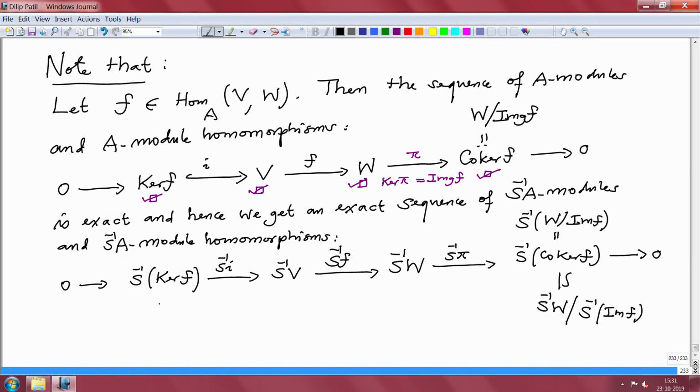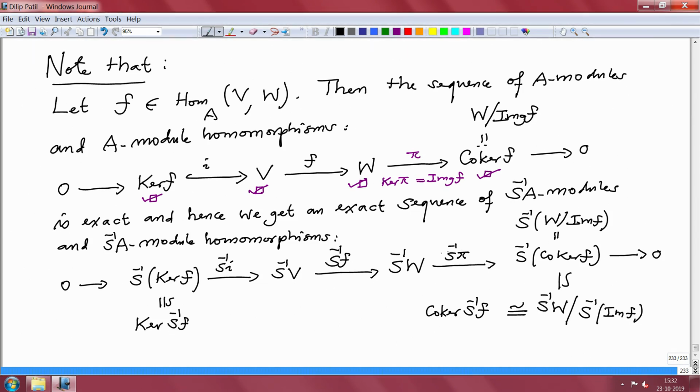This is this. Similarly, from this exactness you will know the image of this is precisely the kernel of this. So this is isomorphic to kernel of S inverse F. And similarly, because this sequence is exact, this is also isomorphic to the co-kernel of S inverse of F. So in short, we have checked that the kernel and co-kernel commute with the operation S inverse.